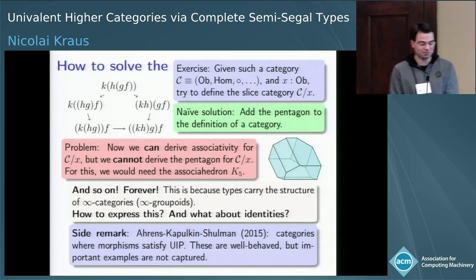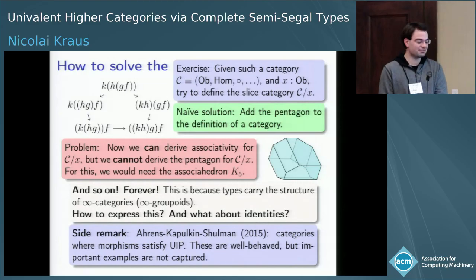So I want to make a side remark that it is actually possible to do ordinary categories in homotopy type theory. This was done by Ahrens, Capriotti, and Spitters. And so there you just take categories and you add this axiom that the morphisms satisfy UIP.